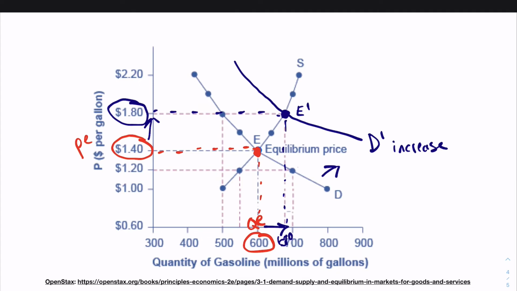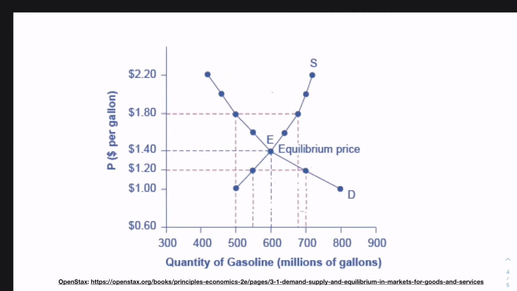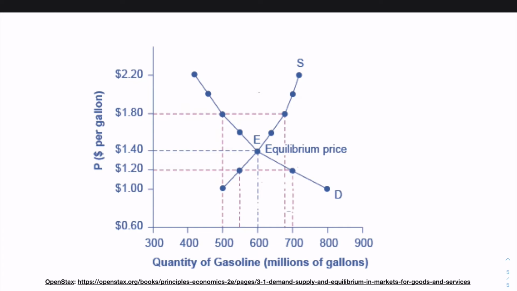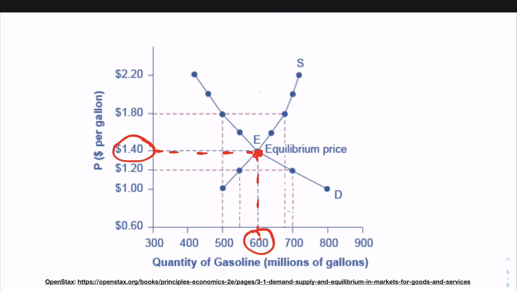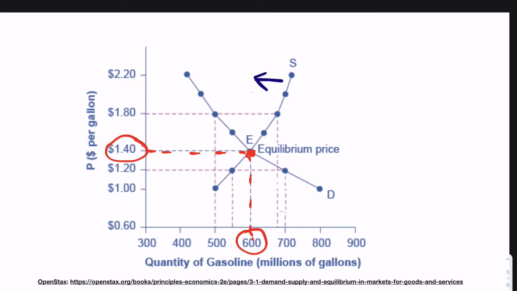Now, something similar can happen if we have a change in supply. And we'll jump over to this graph to make it a little bit cleaner. So again, we're starting off at point E, at our equilibrium at a price of $1.40 and a quantity of 600. And then if we were to have, let's say, a decrease in supply, that is going to shift us to the left.